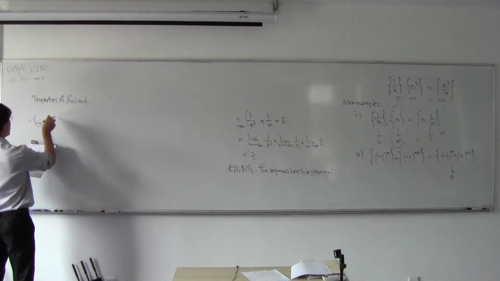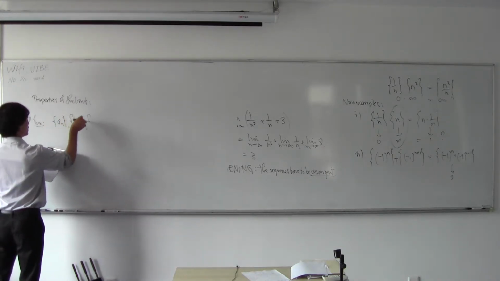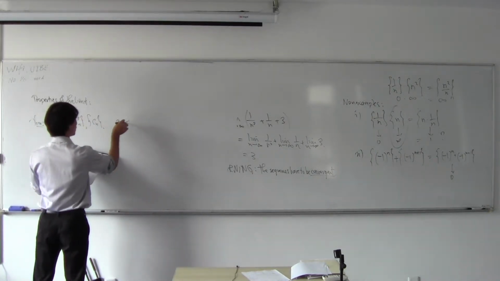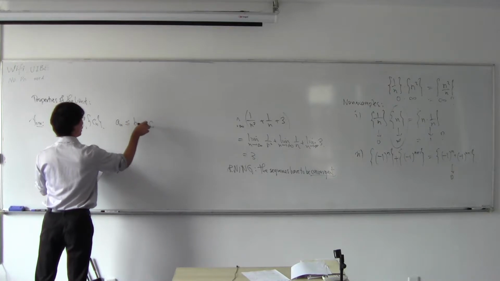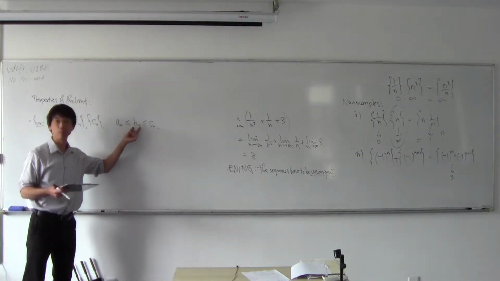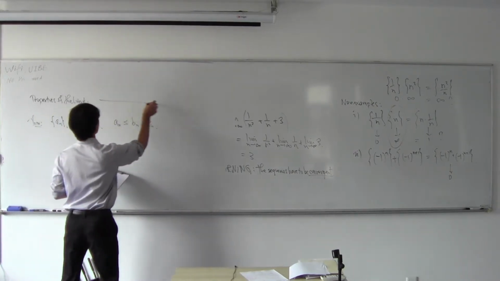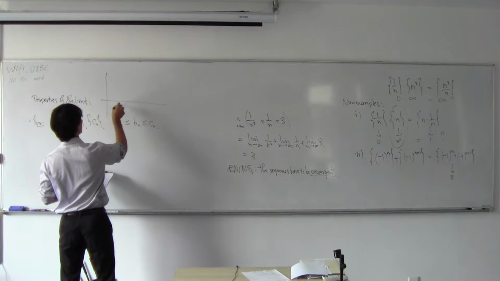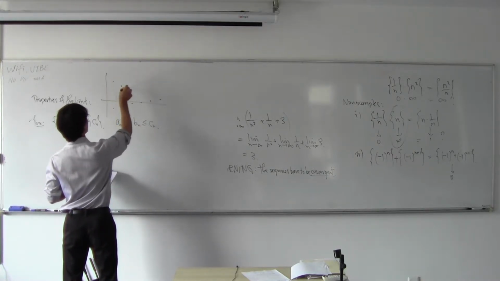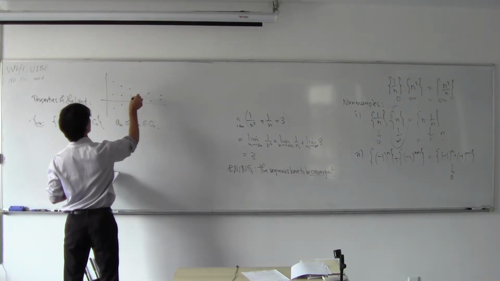Let's say that you have 3 sequences: a_n, b_n, and c_n, and you know that they are in some order. a_n is always smaller than b_n, and b_n is always smaller than c_n. So you got one low sequence, one high sequence, and one guy in the middle.